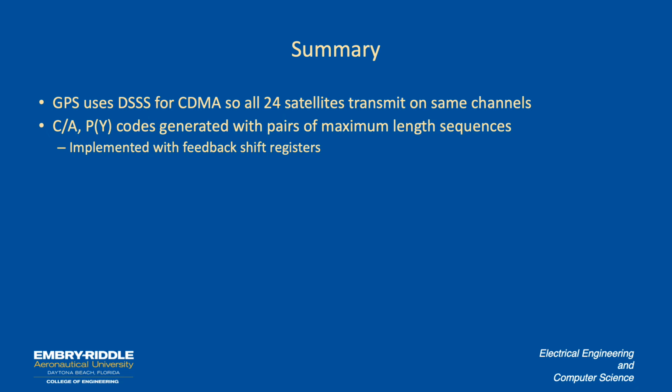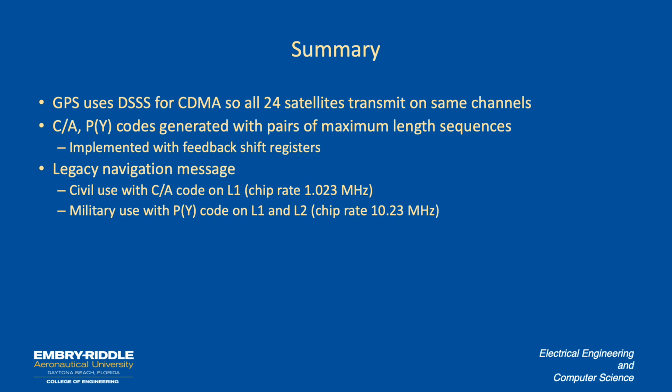The C/A and P(Y) codes are generated with maximum length sequences, implemented with feedback shift registers, where we feed back combinations of the bits in the shift register using exclusive OR gates or modulo 2 addition. The legacy navigation message is on the C/A code on L1.